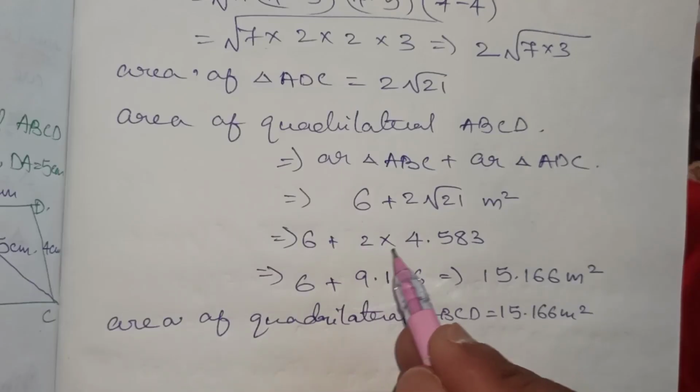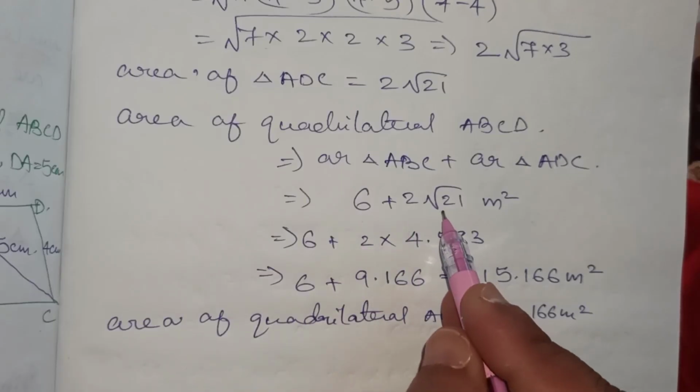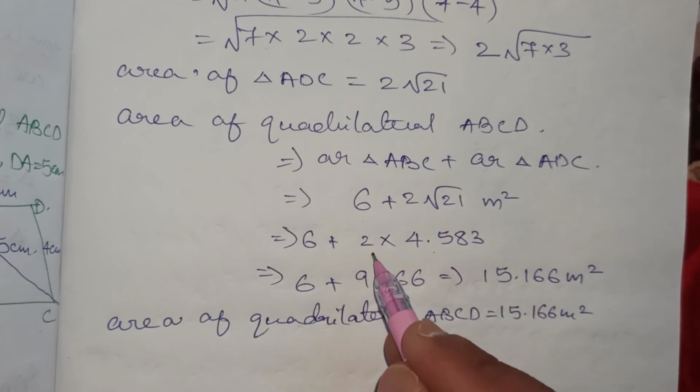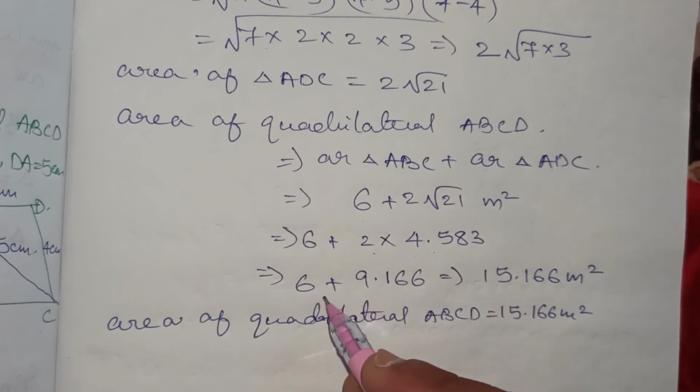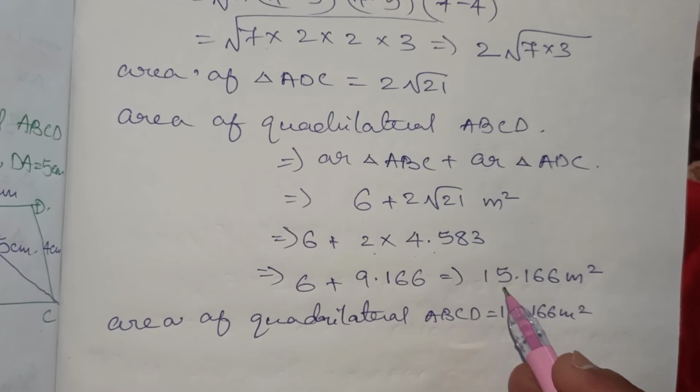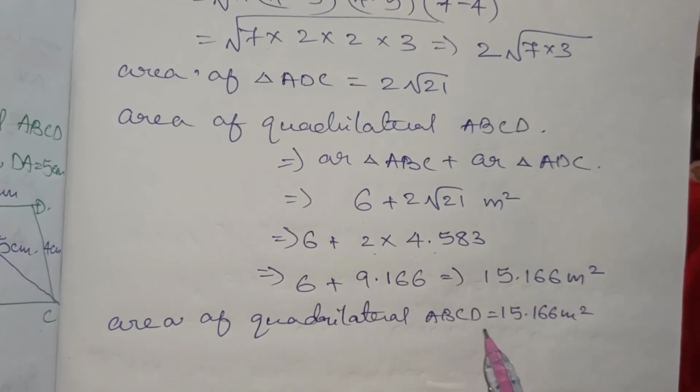That is 6 plus 2 into the value of root 21, which is 4.583. Multiply 2 and 4.583, we get 9.166, so 6 plus 9.166. Add 6 and 9, it will be 15.166 meter square. So the area of quadrilateral ABCD is 15.166 meter square.